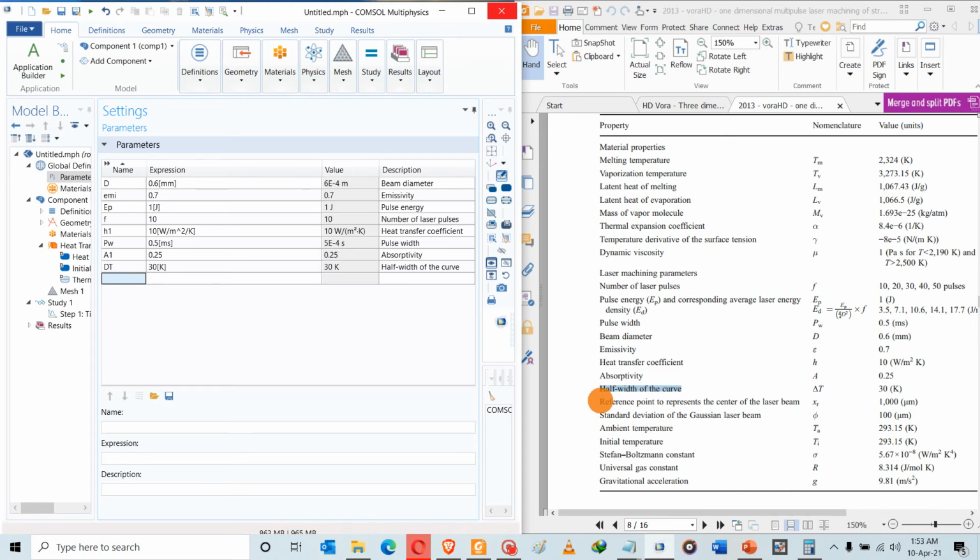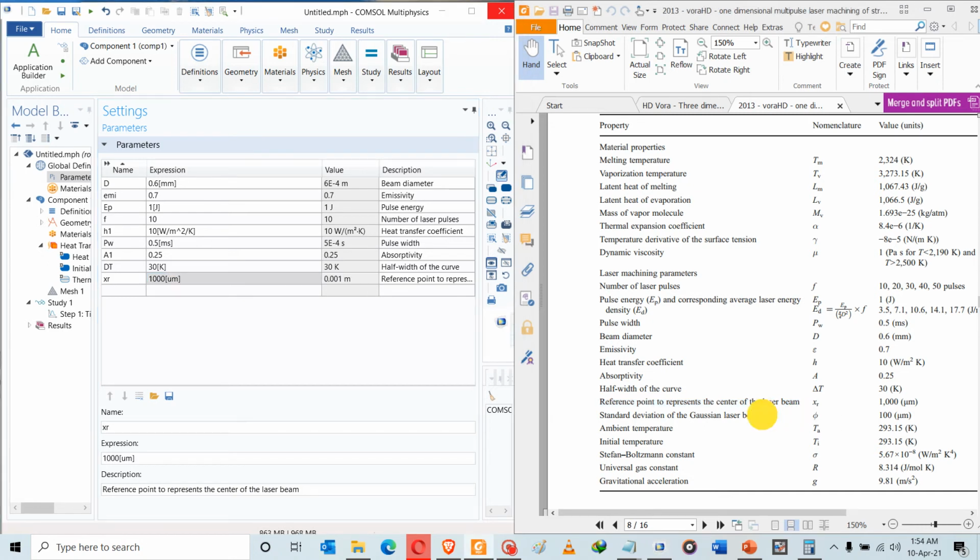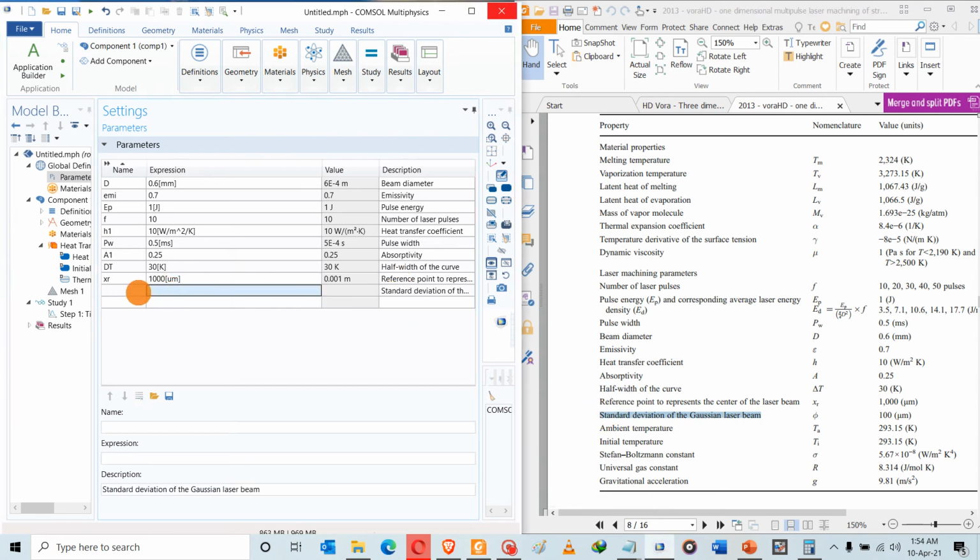Okay. Then we have the reference point of the laser beam. This is where it is on the surface. We are going to change this value, but for now, let's just copy and input it as it is, which is 1000 micron. And then the standard deviation of the laser beam itself, I'm going to call it XD.